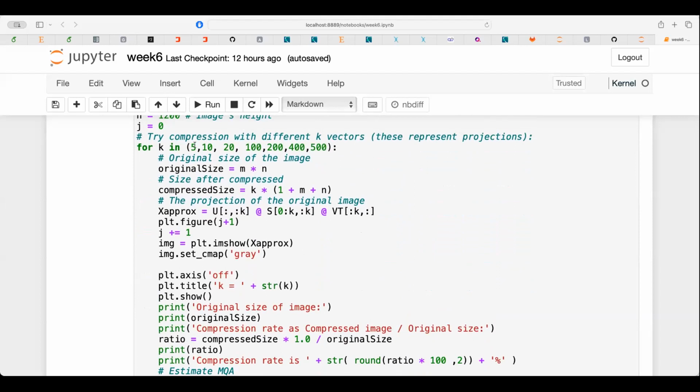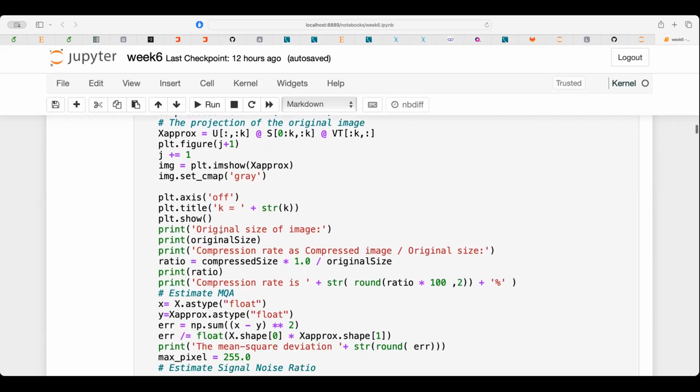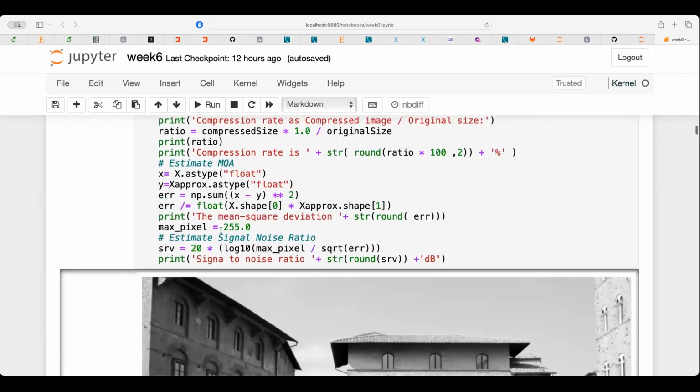The output from a singular value decomposition is normally ordered so that you have the largest singular value as the first eigenstate. The numbers here are simply the number of vectors which I'm using in the decomposition of that image. And then I'm just computing the different ratios here.